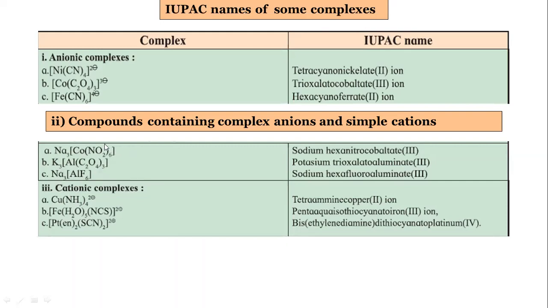So again the complex will be negatively charged. There is no charge shown on the complex, but only 1 minute is remaining, so I will take one example and tomorrow we will discuss the next example.